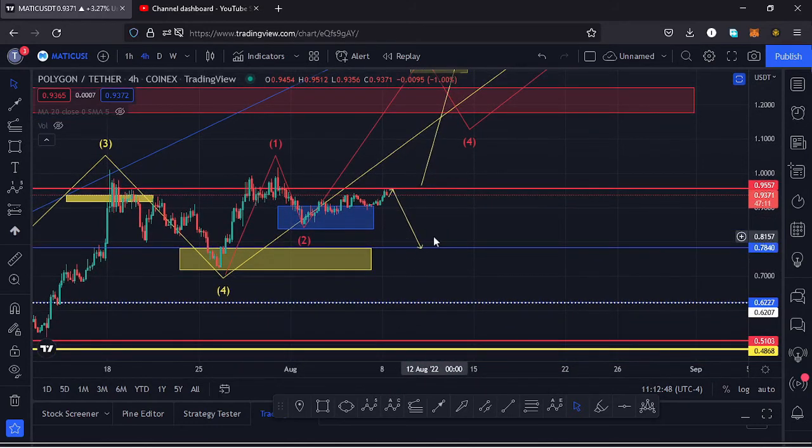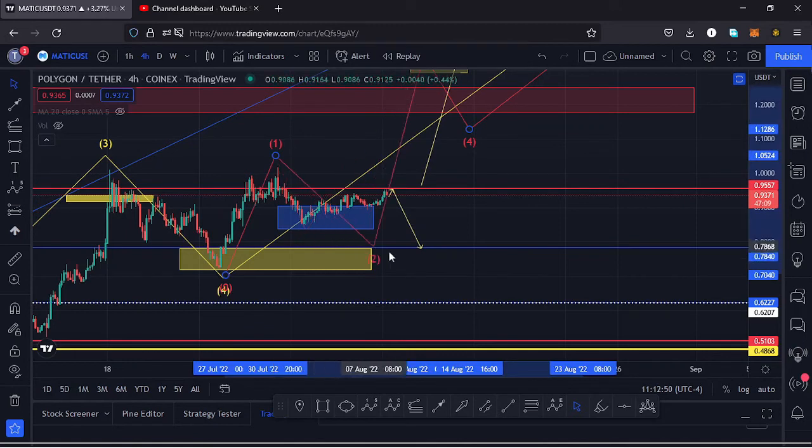And at that point we can name that as now our wave 2, the low of the wave 2, then expect a nice reversal to the upper side in a wave 3. So those are the key scenarios that I expect to play out, basing it on the Elliott waves and the Fibonacci's here on the Polygon Matic chart.